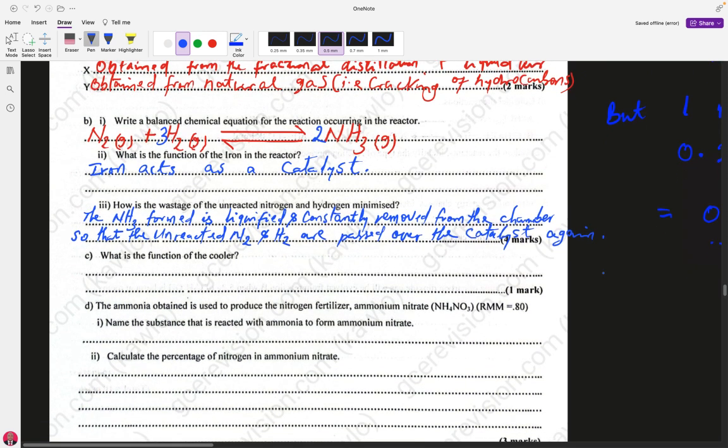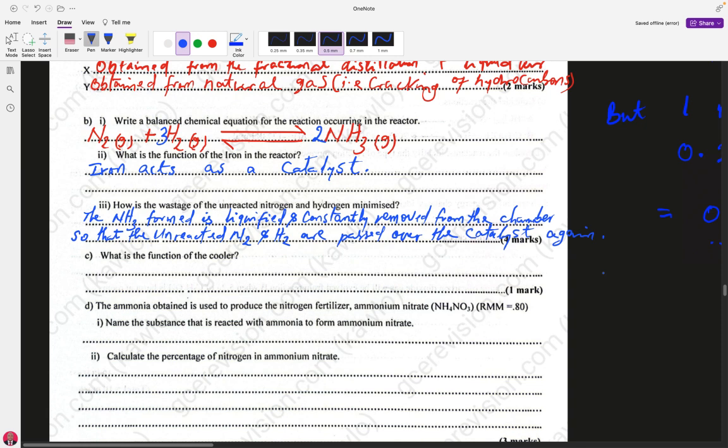What is the function of the cooler? The cooler has about two functions. It helps to remove heat from the gaseous ammonia, thus condensing it into the liquid form.